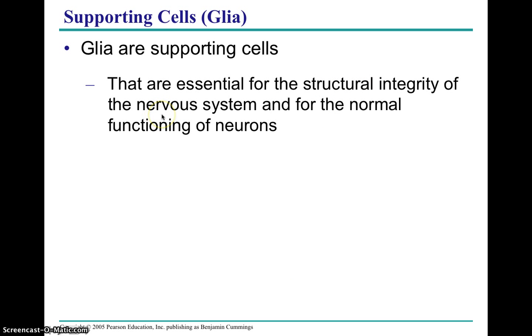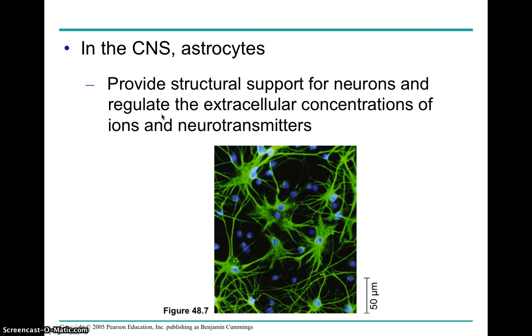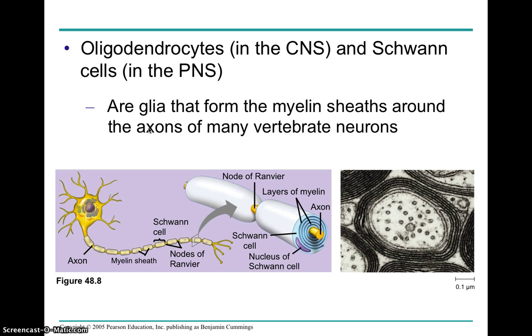They provide support, nutrients, strength and so on. So we'll go through a few of those here now, just some general ones. Here we have astrocytes, shown in green, and they provide structural support for neurons, and they help to regulate extracellular concentrations of ions and neurotransmitters.